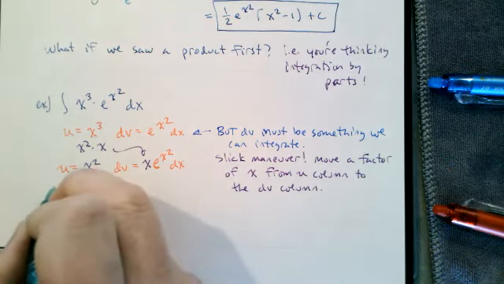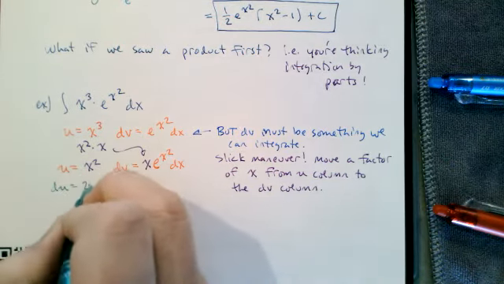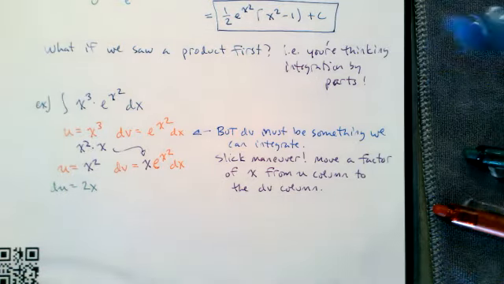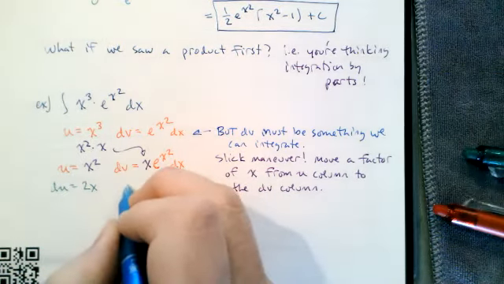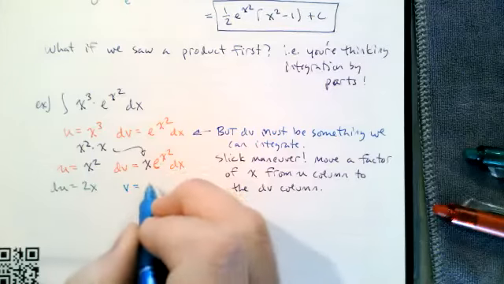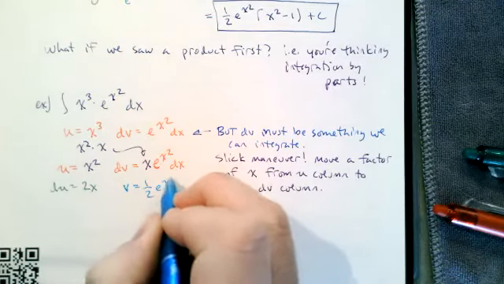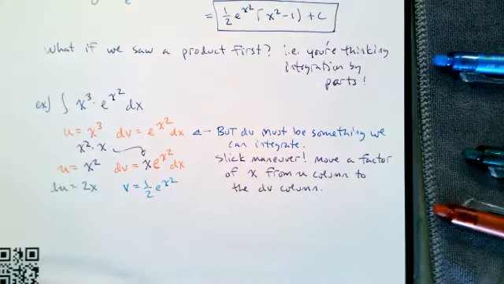Now I can differentiate: du is 2x. And the integral v we can do by substitution. This is going to be a 1/2 e to the x squared. See the first example for that substitution.